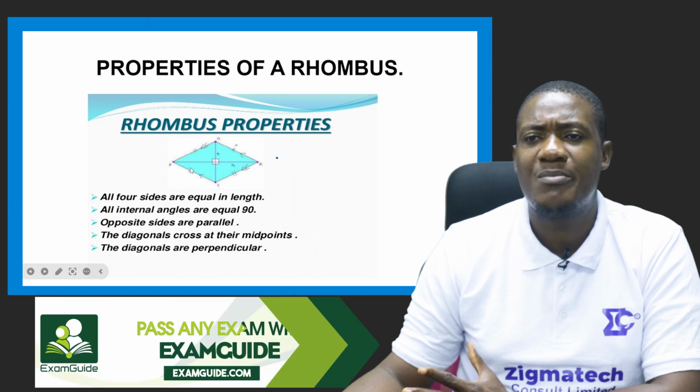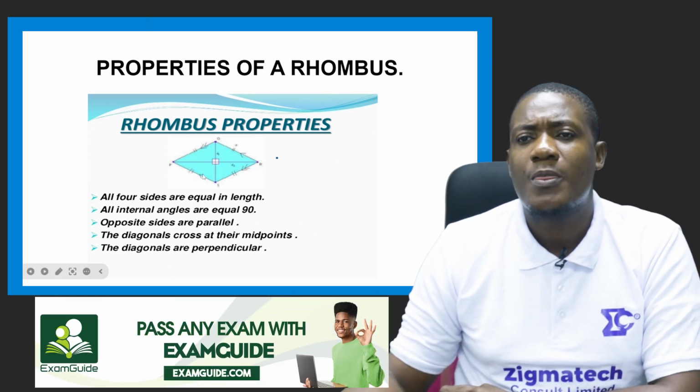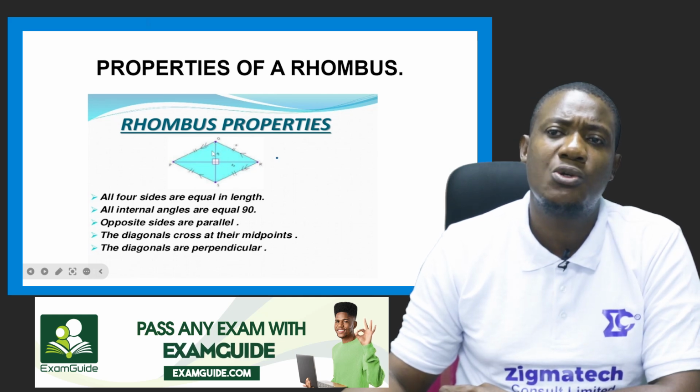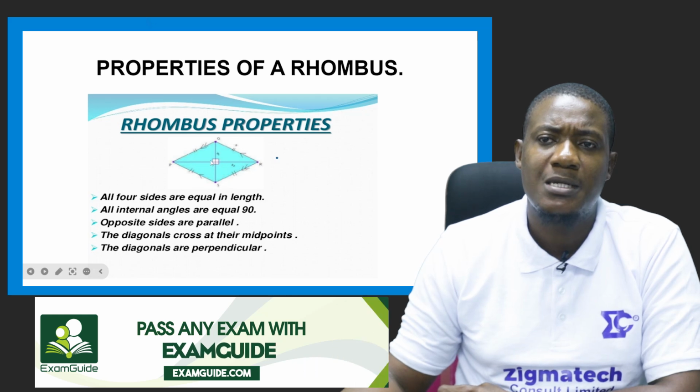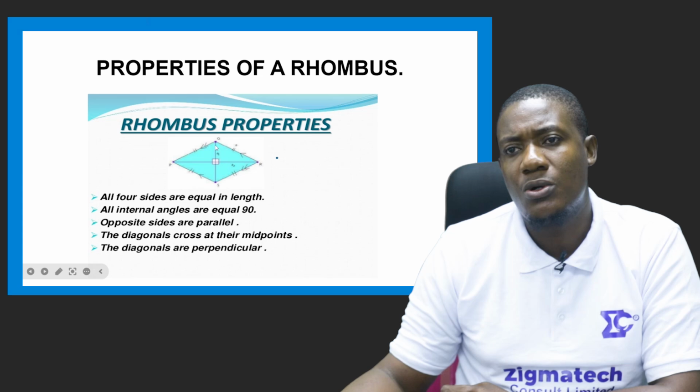They are of equal distance. Same thing with diagonal PR and diagonal QS. Diagonal PR divides diagonal QS into 2 equal parts, so OS is equal to OQ.